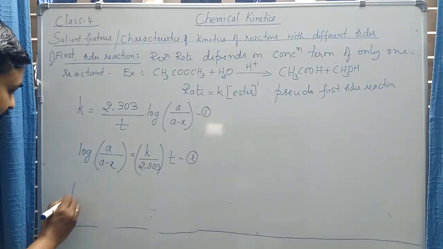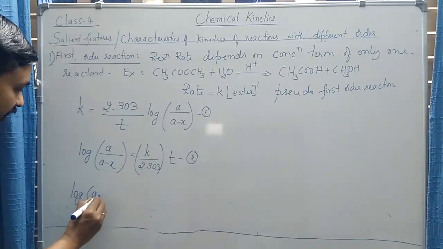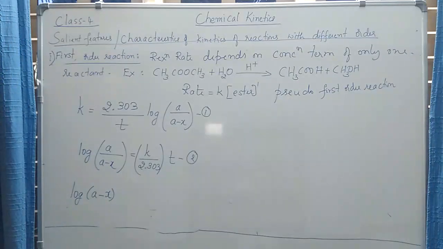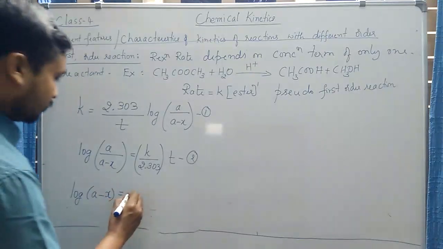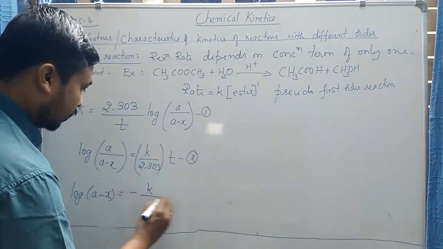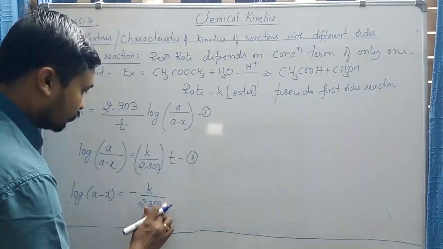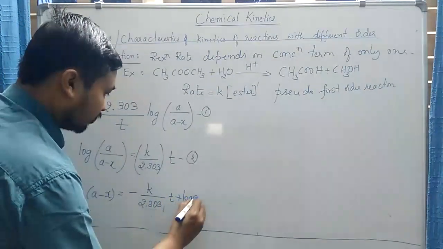Or you can further write it as log of a minus x is equal to minus k divided by 2.303 into t plus log a.